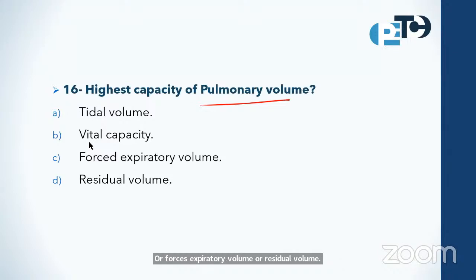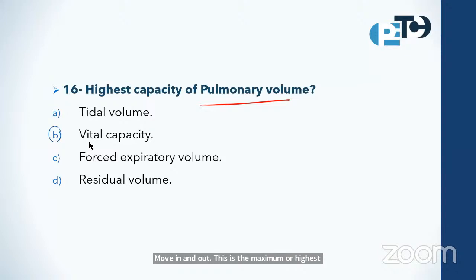Vital capacity is the maximum amount of air that can be exhaled after maximum inhalation. Okay, it represents the total volume of air that a person can move in and out. This is the maximum or highest capacity of the lung.